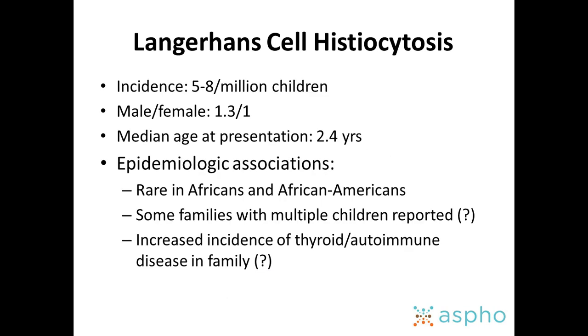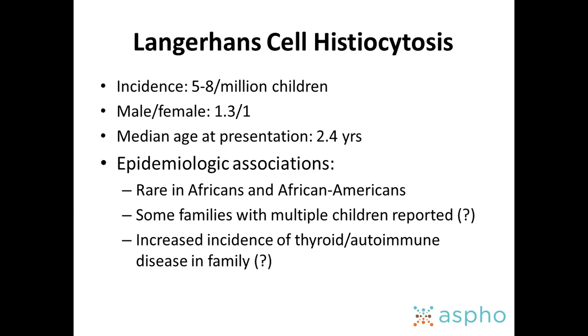Okay, so LCH arises in about 5 to 8 per million children, slightly more common in boys than girls for uncertain reasons. Usually it shows up in younger kids, but we certainly see it in adults. We have an 85-year-old that we saw in our clinic last week with new LCH. For epidemiology, it's a little tricky because most of it is not completely proven.